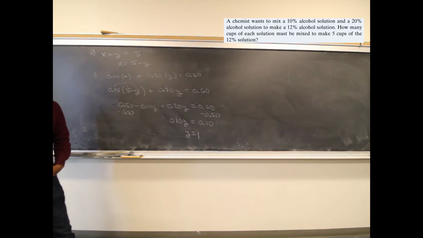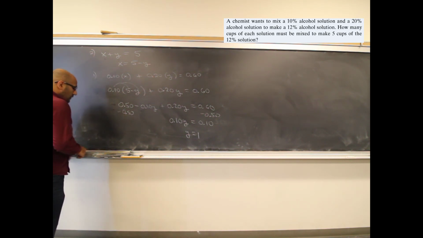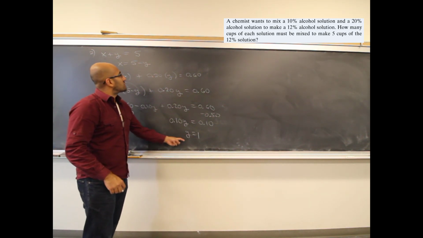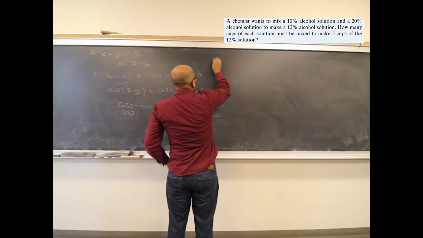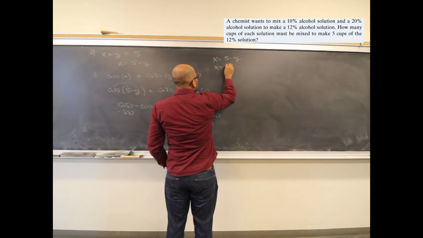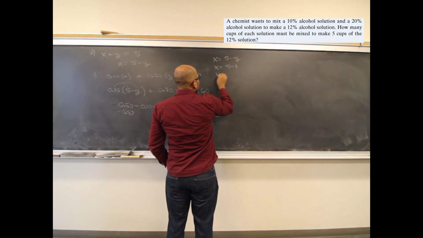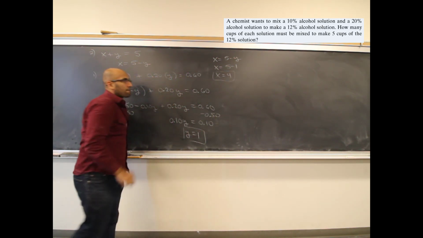Good? Questions? No? Okay, so now that we found Y equals 1, we can go up to this equation and solve for X. So X equals 5 minus Y, and so X equals 5 minus 1, and so X equals 4. So we found our solution.